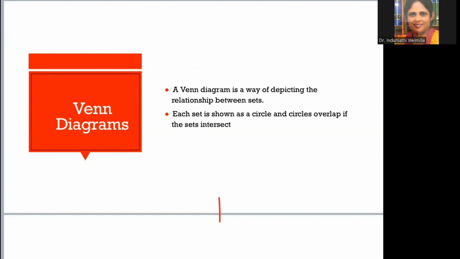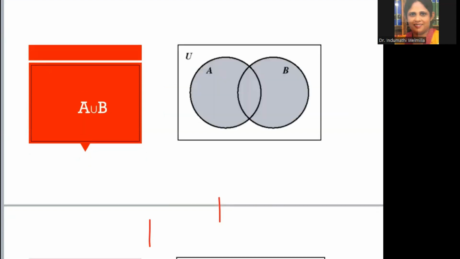I will show you how we represent each notation, each type of set, through the Venn diagram. Again, I will remind you, a Venn diagram is a pictorial representation of sets, in which each set is represented as a circle, right?